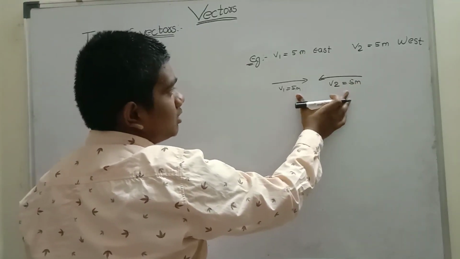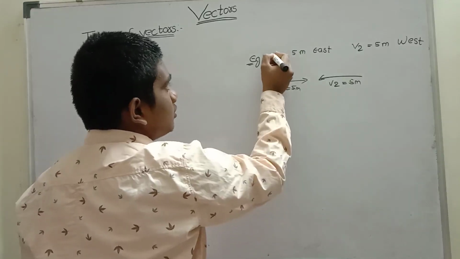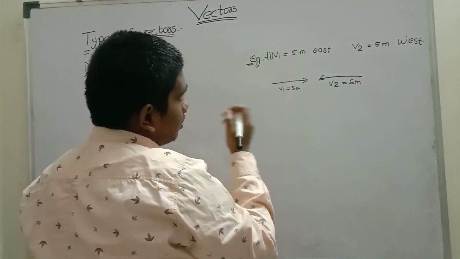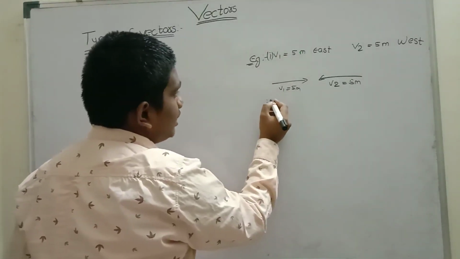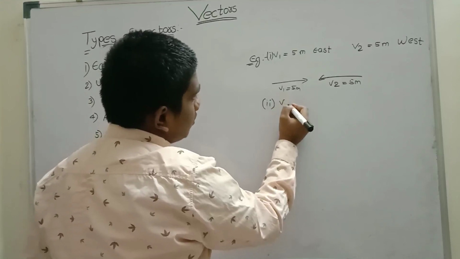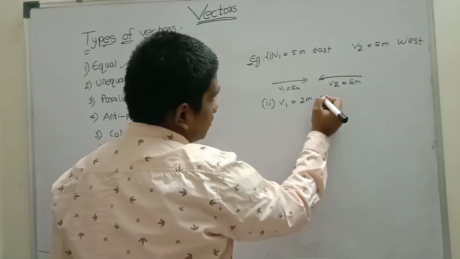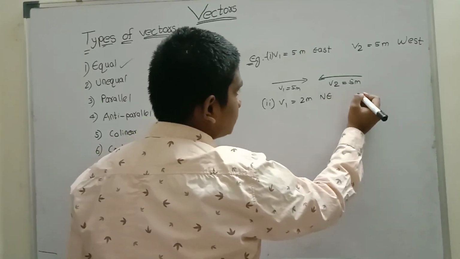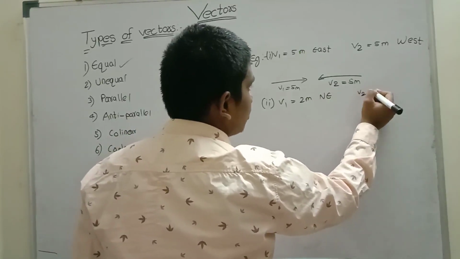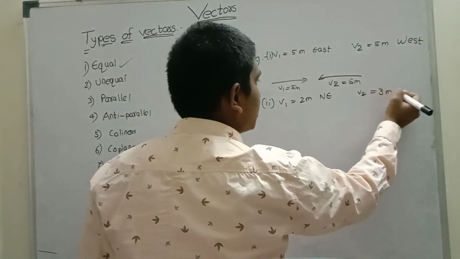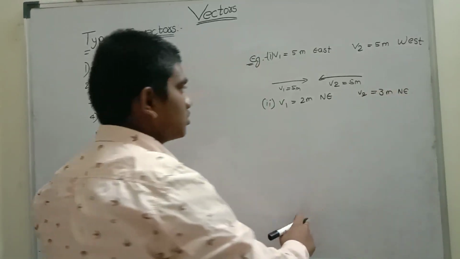Magnitude is the same but direction is not the same. This is one type of case. Now we will see if directions are the same but magnitudes are not the same. V2 is 3 meter northeast.